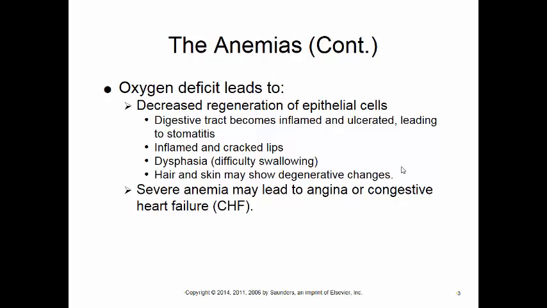We can see inflamed and cracked lips, another epithelial tissue. Dysphagia, where there's difficulty swallowing because of inflammation in the respiratory tract and the pharynx. And the hair and skin may have degenerative changes. Even severe anemia can lead to angina, heart pain, and congestive heart failure.